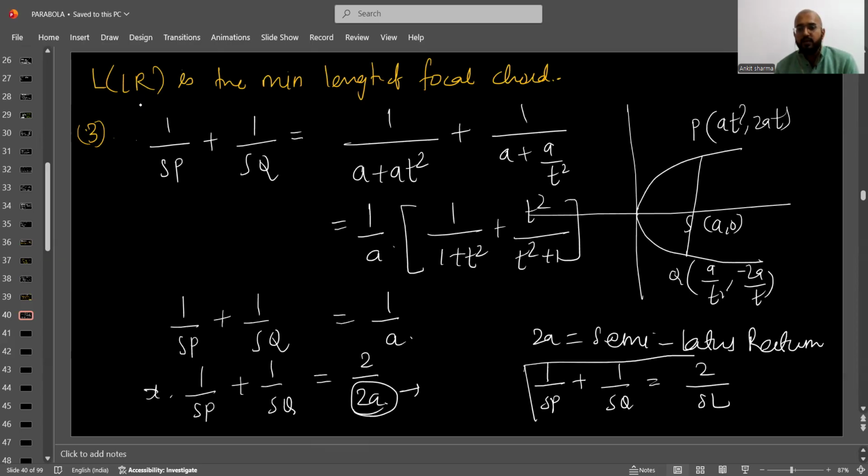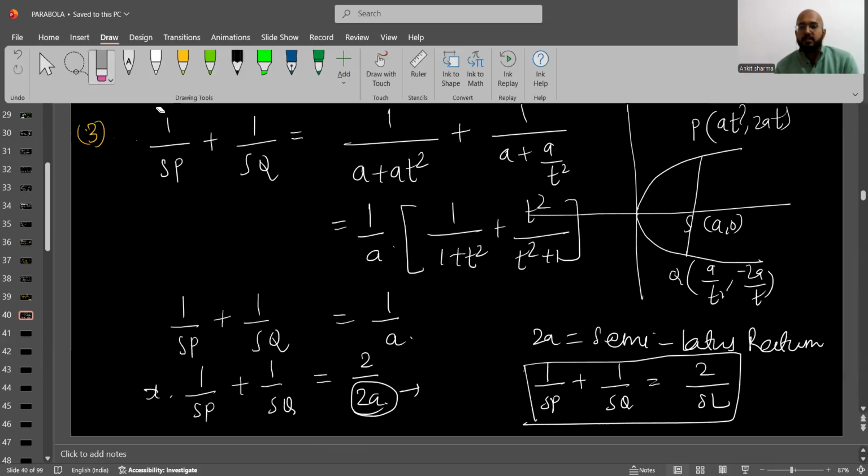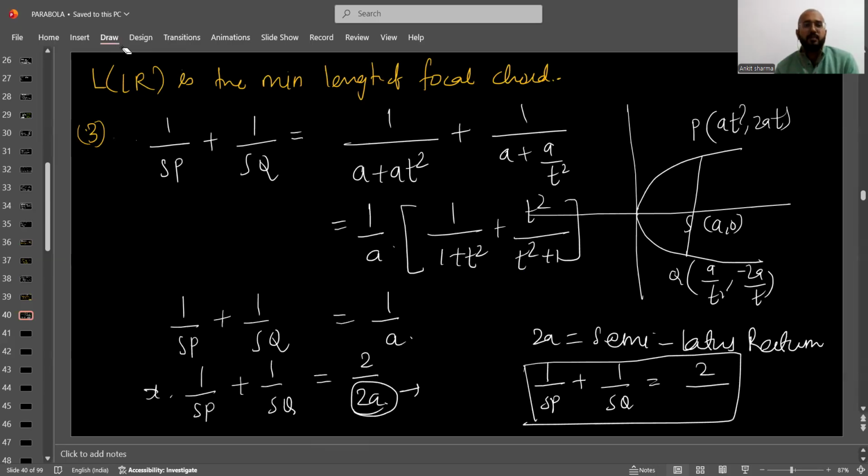This is a very important property. That means the semi-latus rectum is the harmonic mean of the components of the focal chord. So we say that SP, SL, and SQ are in HP. This is also a very important property.